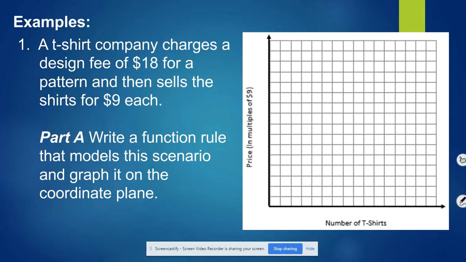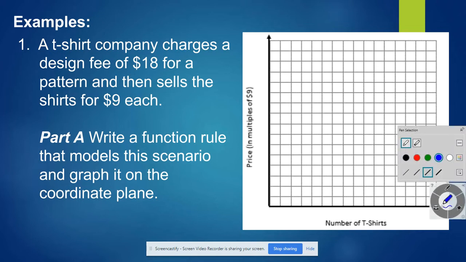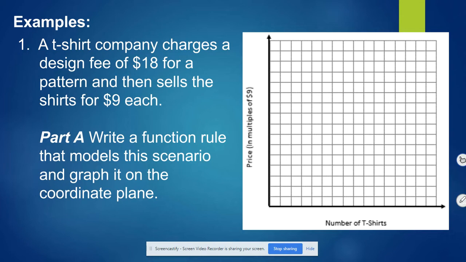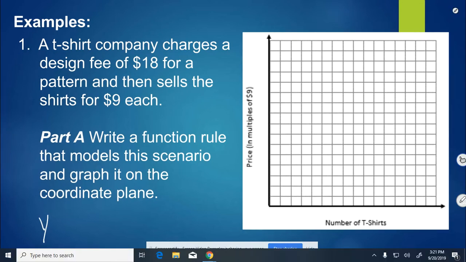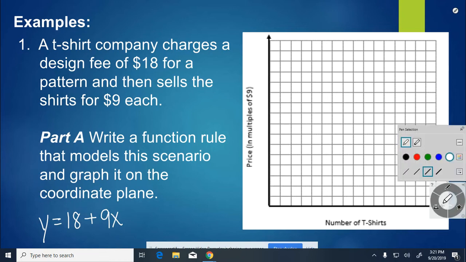It's pretty easy. We're going to use y and x and come up with the equation. So y is going to be equal to the $18 fee plus $9 per t-shirt, and we'll let x be the number of t-shirts.